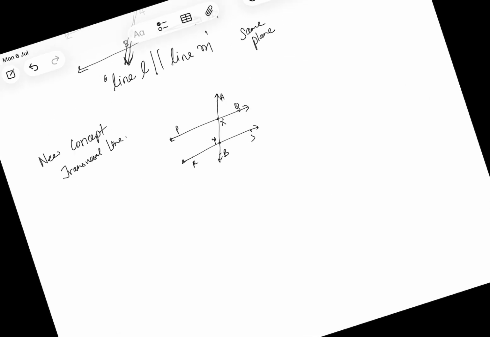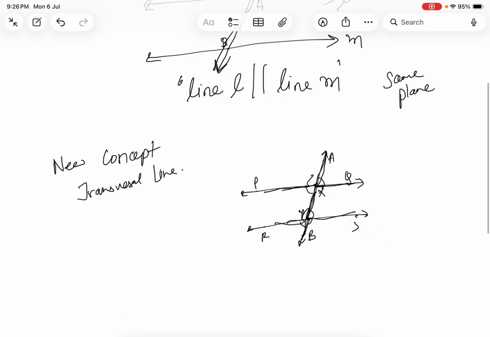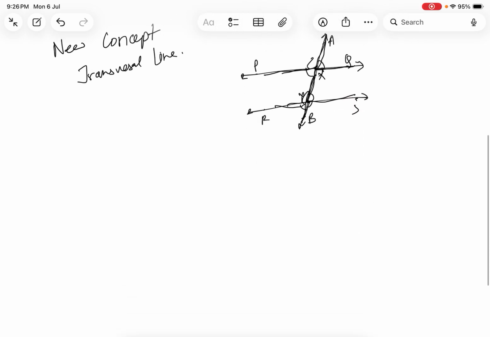Here you can identify 8 angles. So if you see, this is one angle, this is another angle, and so on. In total, you can identify 8 different angles once you draw a transversal to any two given lines.